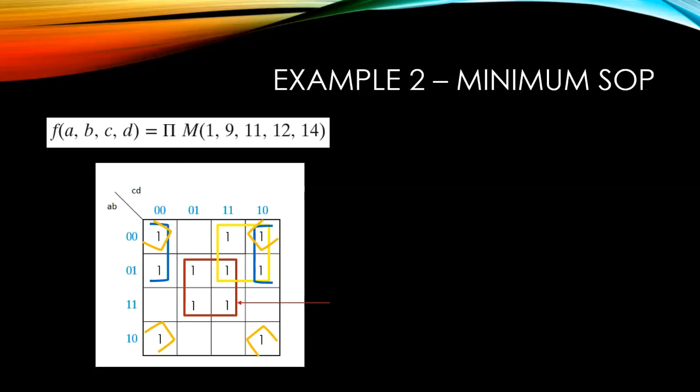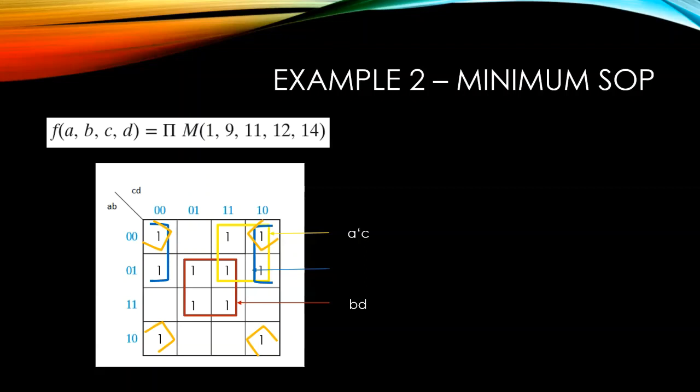So let's start with this group. B didn't change, and also D. So it will be represented by BD. And for this shaded group, A didn't change, it's 0 within the group, and C didn't change, it's 1. So the equivalent is A not C. And for the blue, A didn't change, it's still 0, and D didn't change, it's still 0.